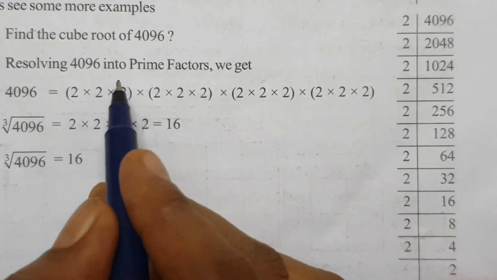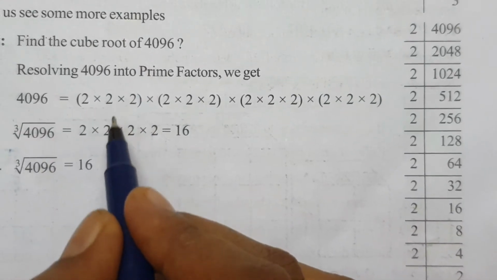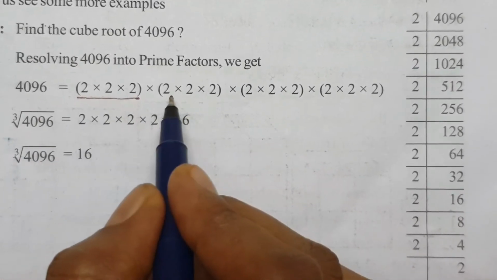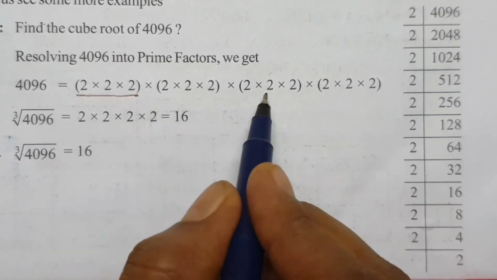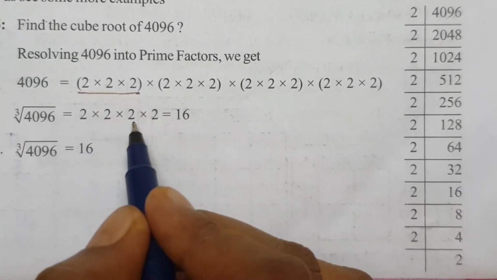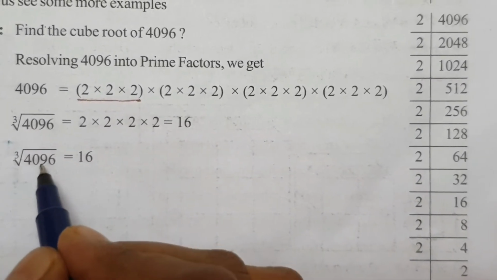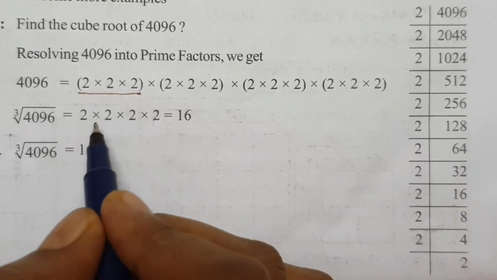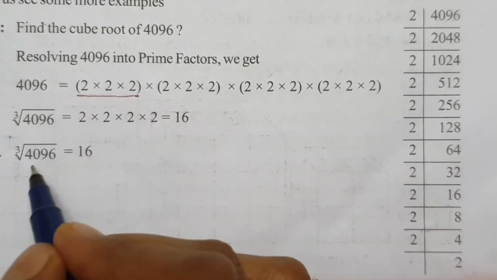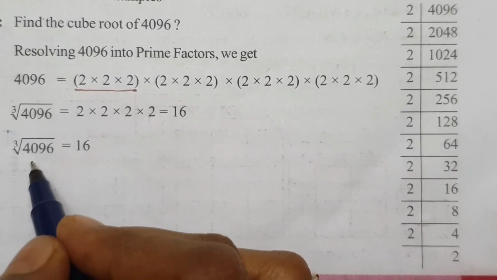Because this is a cube root, take 3 numbers as one group and write one of them each time. So 4 times 2, that is 2 into 2 into 2 into 2, gives 16. The cube root of 4096 equals 16, since 16 cubed is 4096.